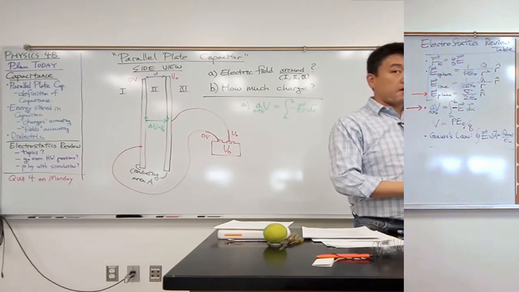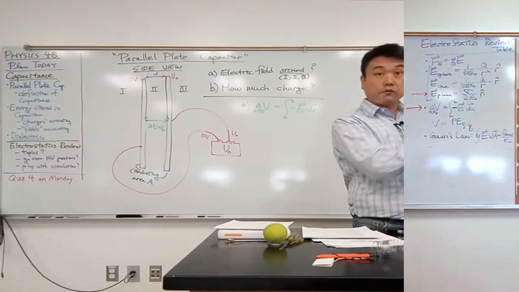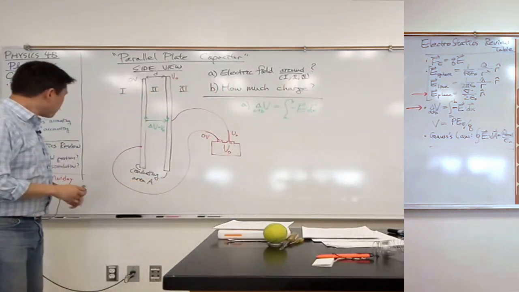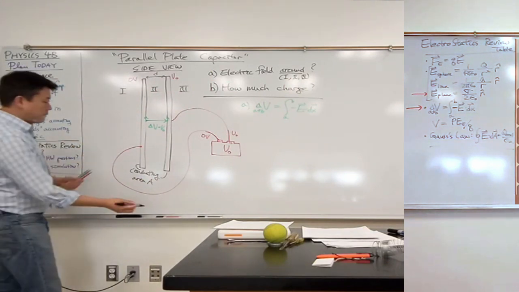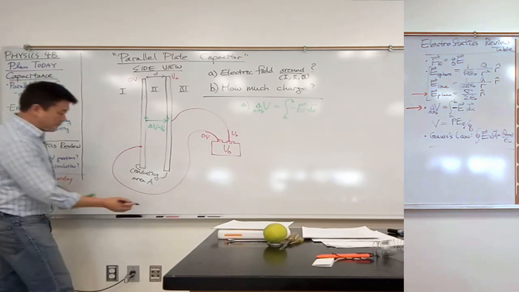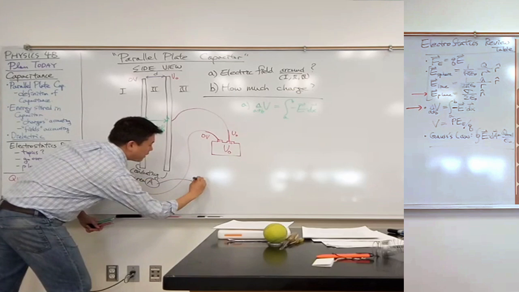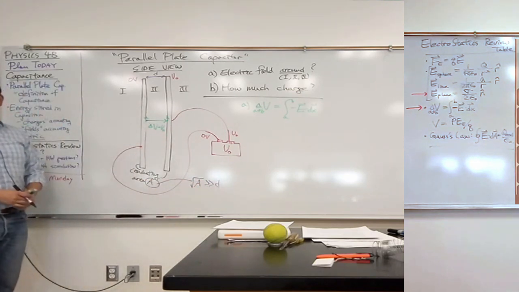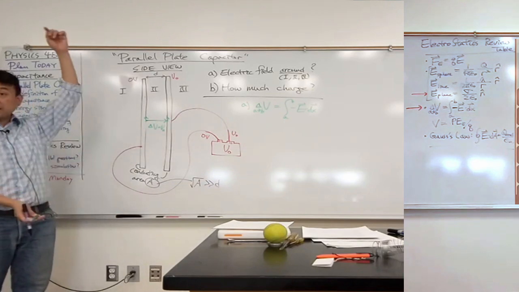Based on my familiarity with the electric field of a plane, I'm going to say, in the problem statement, I didn't say it quite yet, but in the limit where this area, or rather the square root of area, is much, much larger than the distance d, we can approximate these as infinite planes.